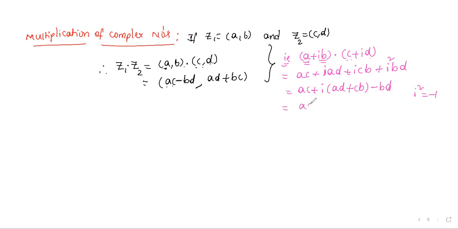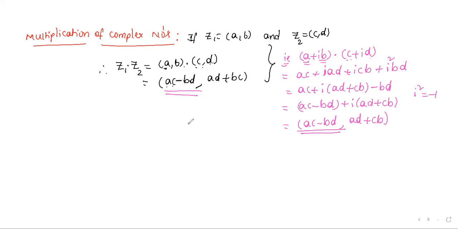So we can write real part, imaginary part: ac minus bd plus i into ad plus cb. This can be written as ac minus bd comma ad plus cb. Both are equal.